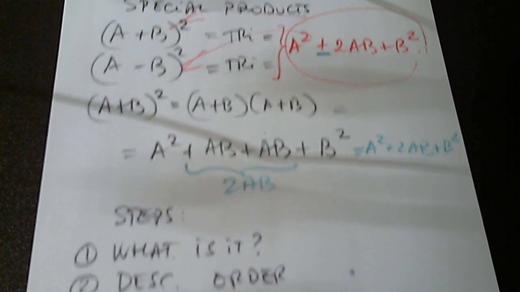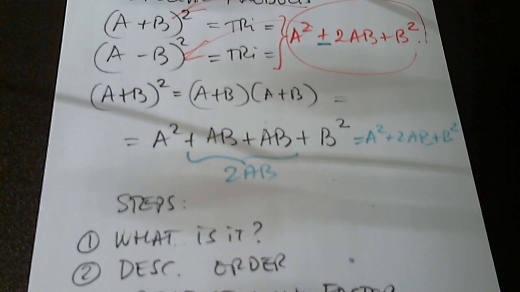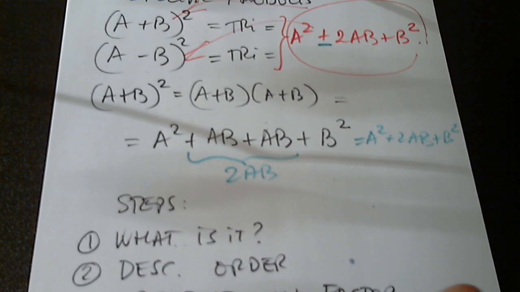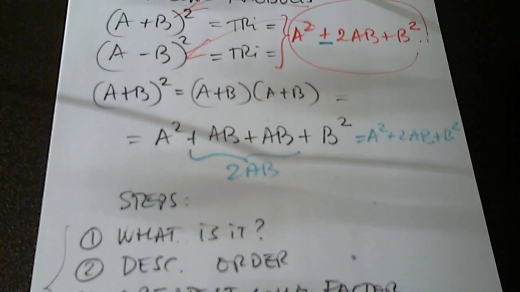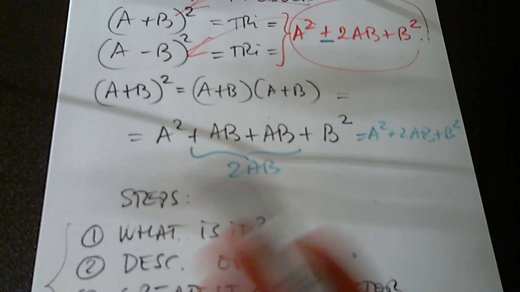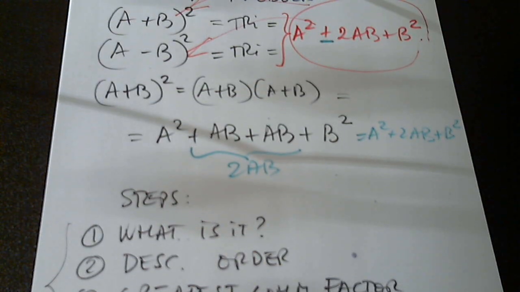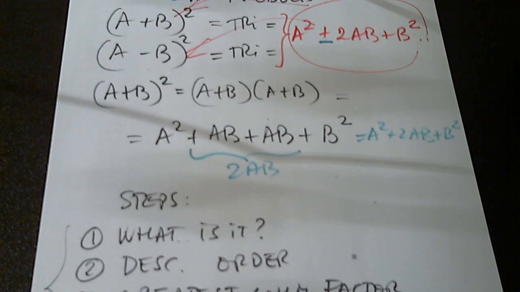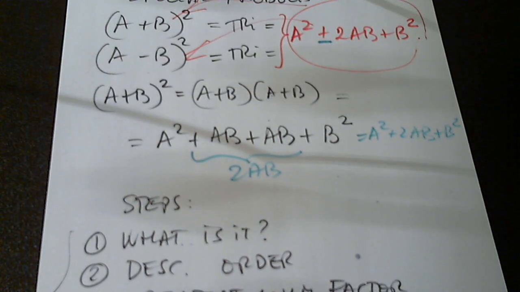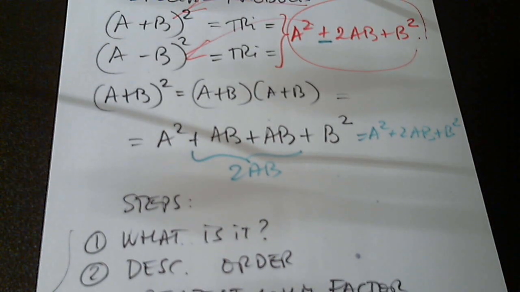Number 4, negative leading coefficient. Nothing new. These first 4 steps were the same as before. What is it? I will say trinomial, descending order. If not, I will rearrange it. Greatest common factor, I will factor out if there is one. Negative leading coefficient, I will factor it out as we did if there is one.